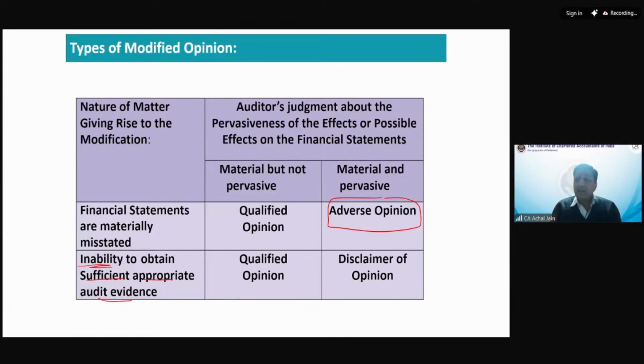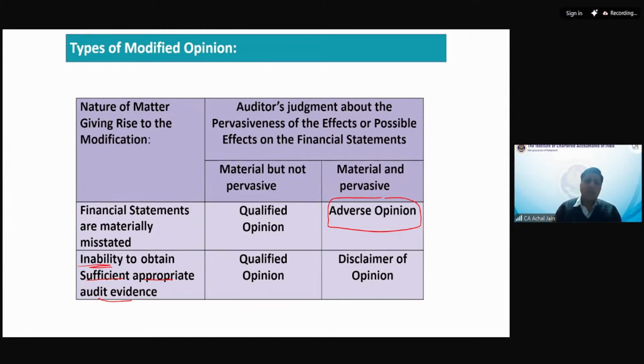There again, only if withdrawal is legally possible will he be able to withdraw. But if there are restrictions that the auditor needs to complete this audit, then he'll have to complete it in whatever way is possible, and of course issue a disclaimer or qualification, whatever is his assessment.